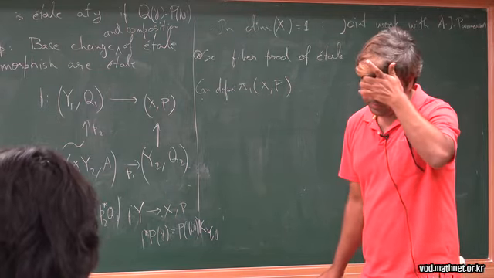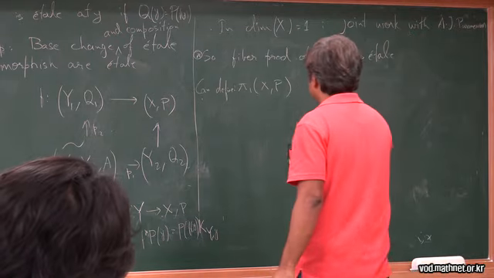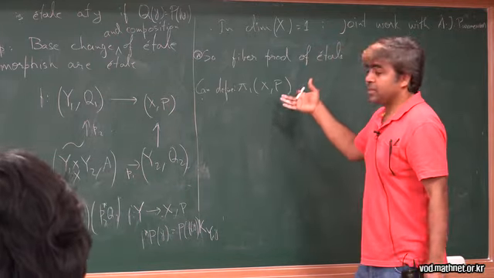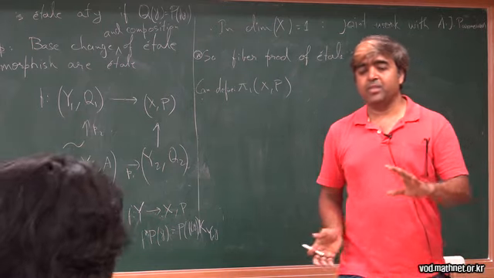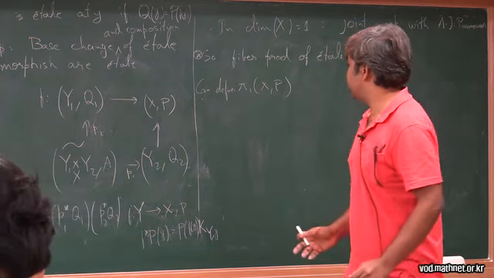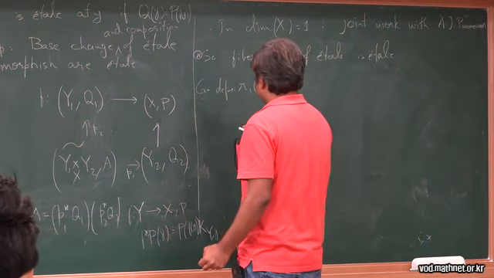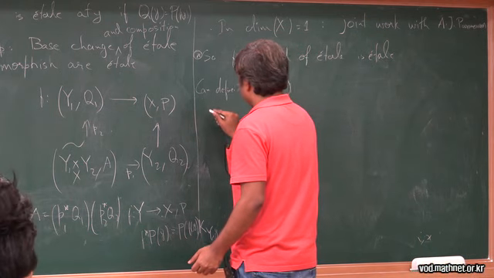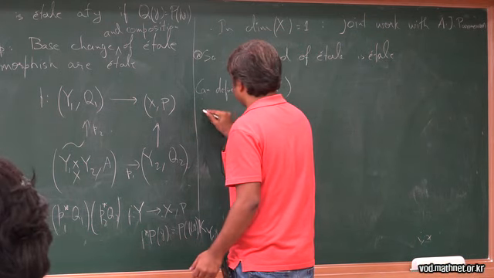So now the good thing is this pi 1 of (X, P) actually approximates pi 1 of, so maybe I'll write it as a theorem.